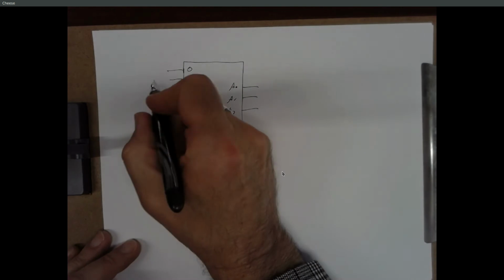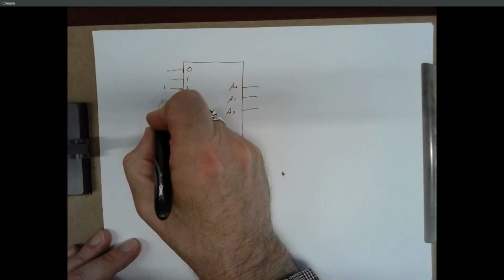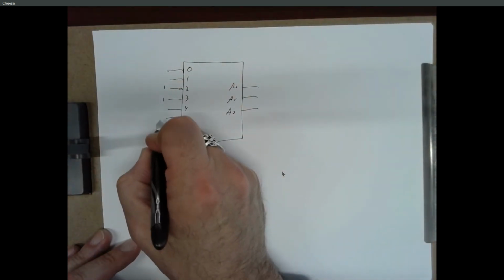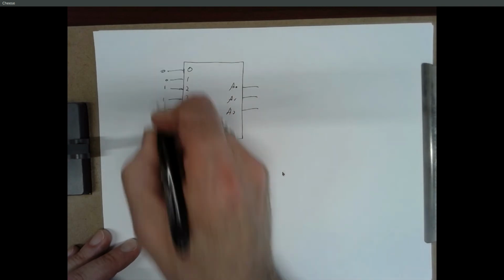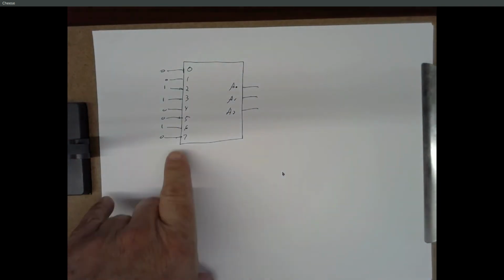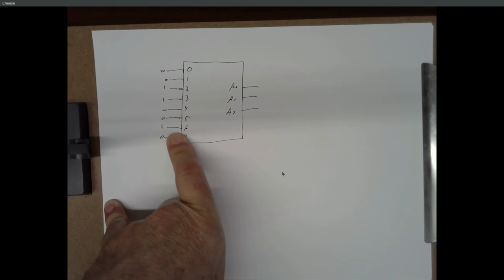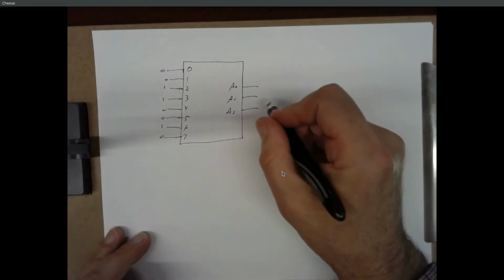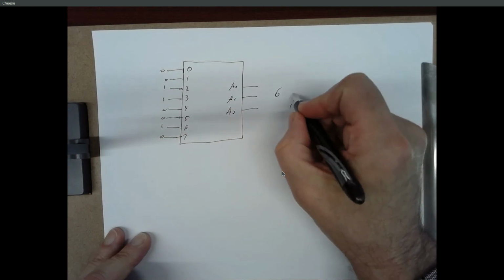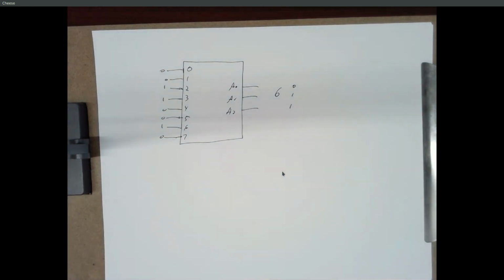So if I have a 1 right here, and here, and zeros everywhere else, I'd like to know priority level 6 is the highest priority that's active right now. And I would like this thing to output the number 6, which would be 110.